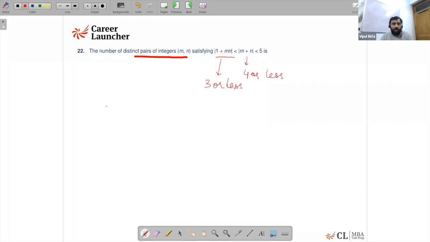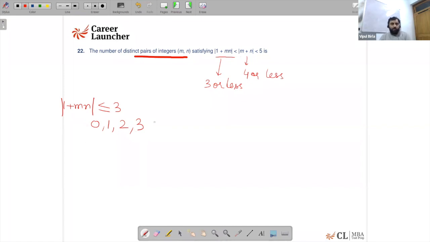So that means I can say mod of 1 plus mn is always less than or equal to 3. It cannot be more than that. So if m and n are integers, the possible values it can take are 0, 1, 2 and 3. And basis this we'll try and identify possible values of m plus n which will satisfy this.